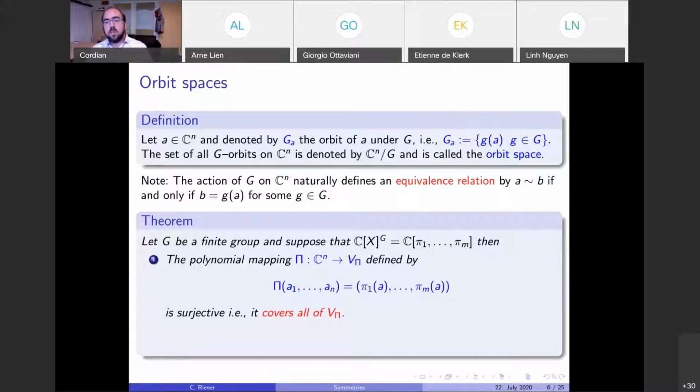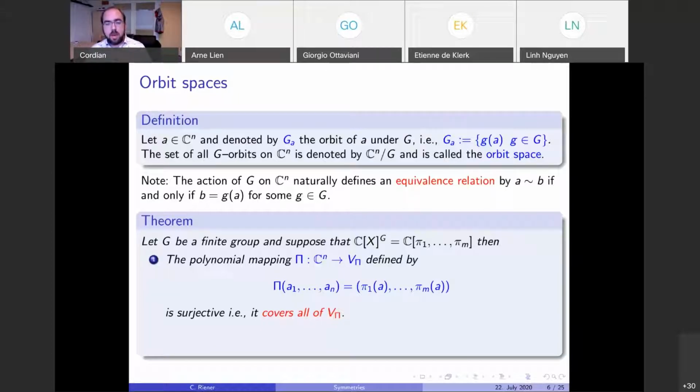So what is the important theorem now? Whenever I have a finite group with finitely many generators, I can look at a polynomial map π, which is the map from C^n to the variety defined by the algebraic relations that the π_i satisfy. It takes a point a = (a1 to an) in C^n to (π1 of a, up to π_m of a).